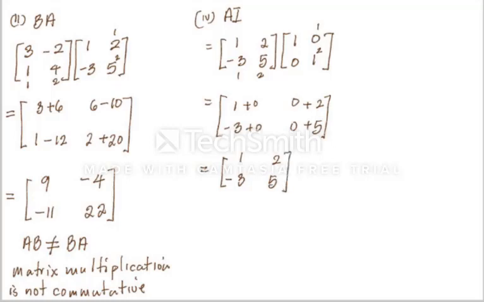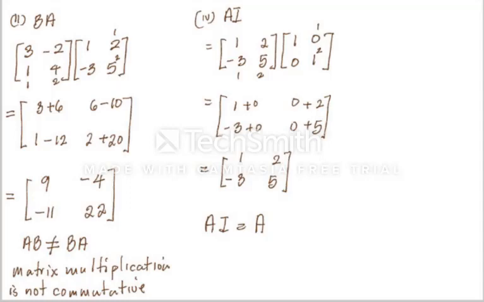If you're observant enough, you'll notice that 1, minus 3, 2, 5 is the matrix A. So we multiplied A by I, and we got back A. So it appears that multiplying by I is sort of like multiplying a number by 1.